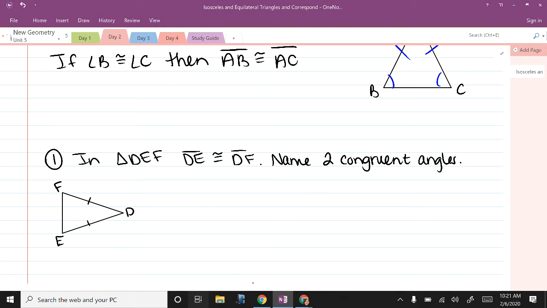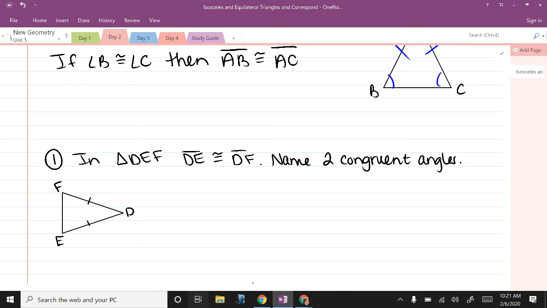Okay, so here's just an example. It'll probably take y'all longer to draw it than it is for you to answer it. So y'all just look up here. I figured y'all can do this. In triangle DEF, well, here's the picture. Segment DE is congruent to segment DF, and they're marked on the picture, right? Name 2 congruent angles.